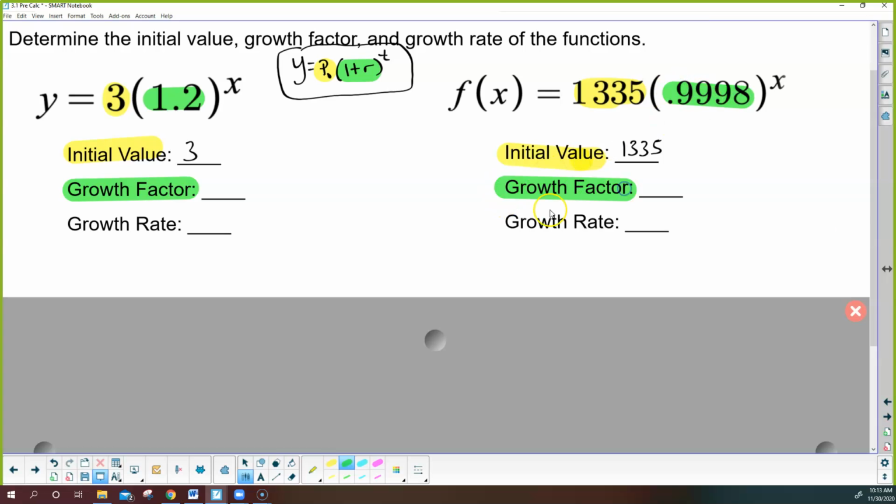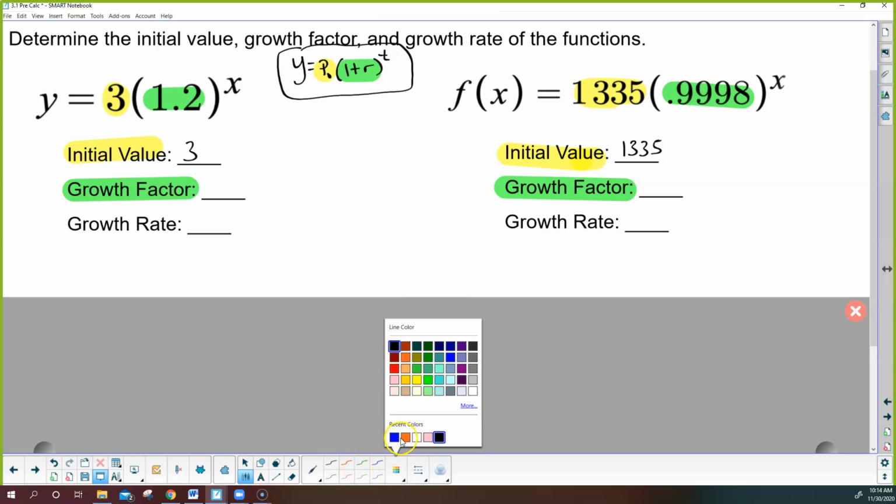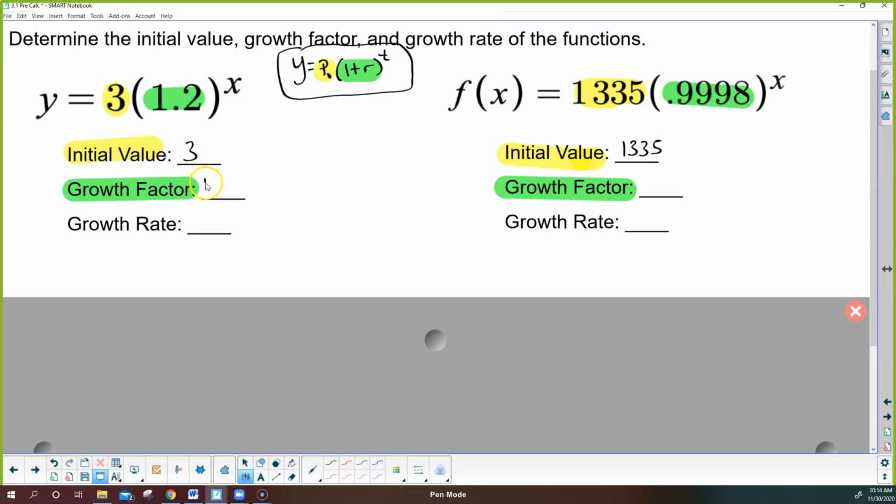So that's pretty quick and pretty easy to identify. The growth factor here is 1.2. Now, let's think about that. Since the growth factor is larger than 1, that tells me that this is an exponential growth model.